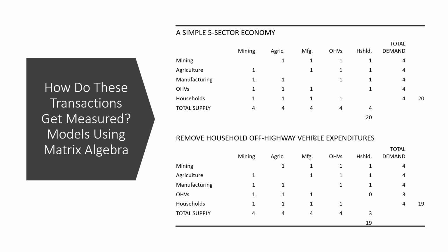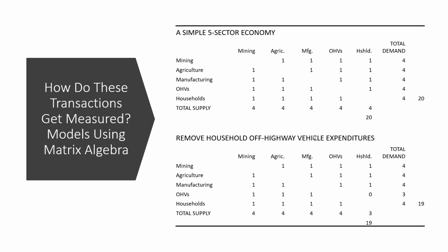The rows across for every industry show where that industry sells its output. The columns down for every industry show where that industry gets its inputs. That's why they call these input-output models. In that top version, we did everything in terms of 1 unit apiece. So we've got an economy where total supply and total demand are both 20 units.